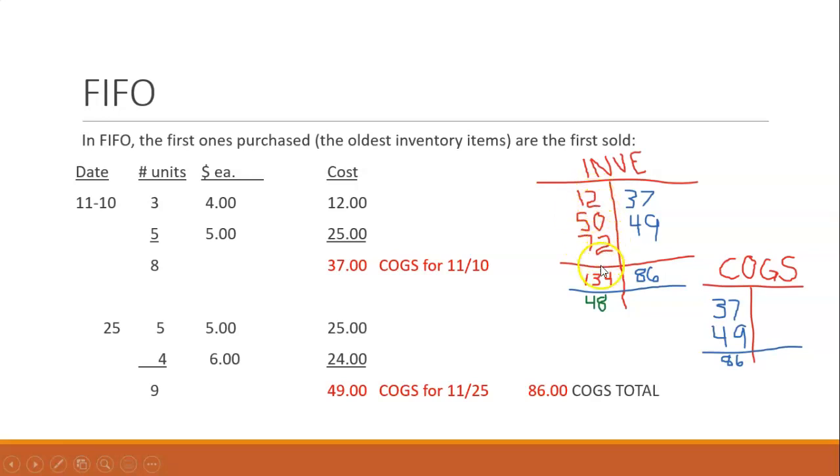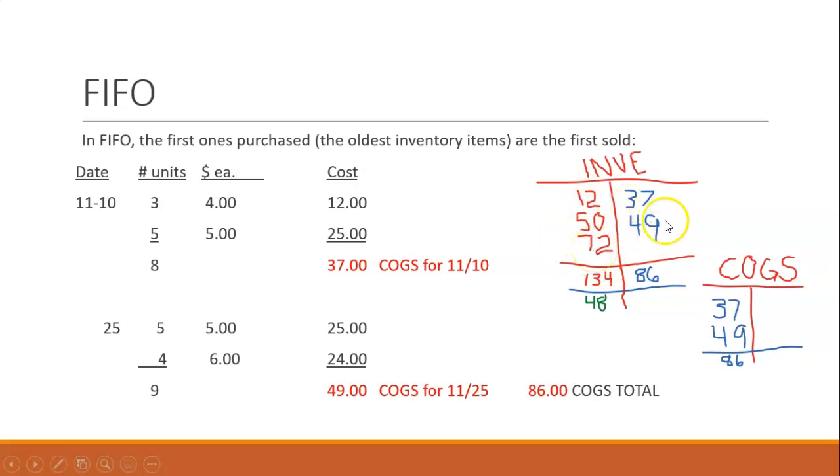So the total cost of our goods available, which is our debit footing, is 134. This is all the inventory that came into the store, the inventory that gets debited: our beginning balance plus everything that came into the store.